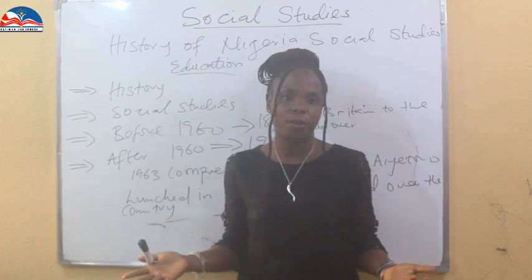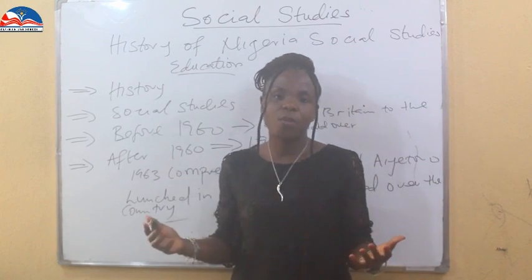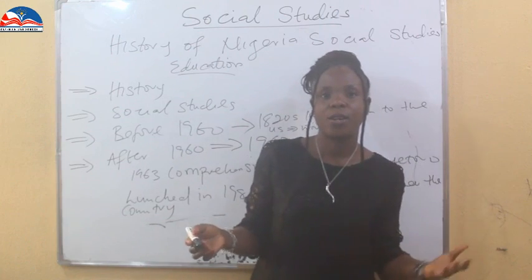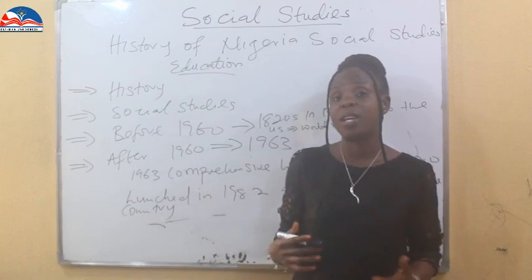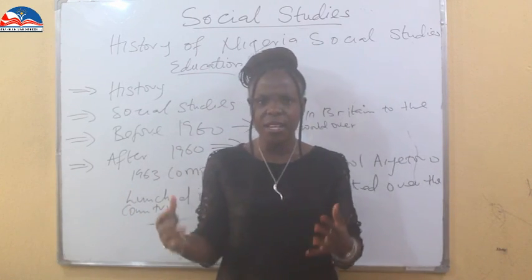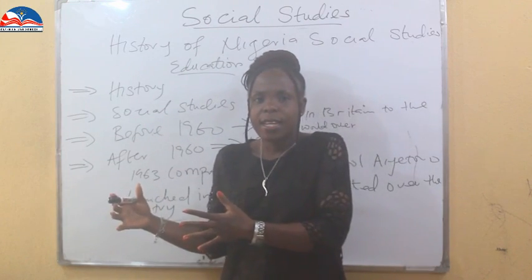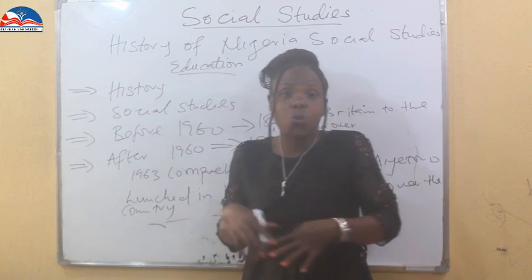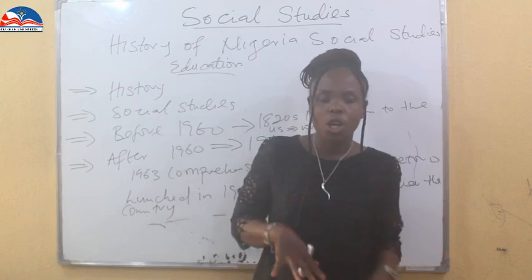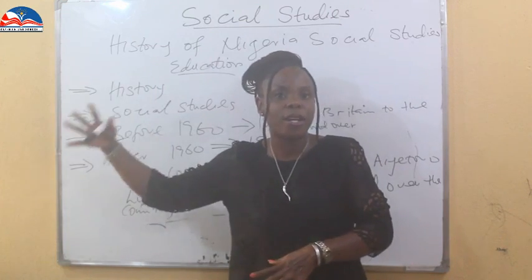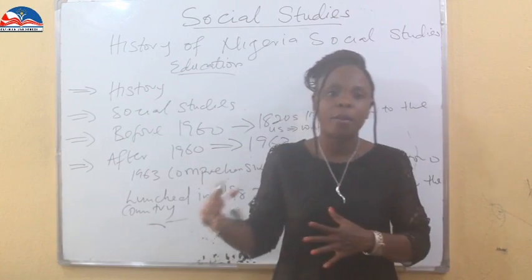But then something happened. Now we are going down again to after the 1960s. After most African countries got their independence during the 1950s down to the 60s, Nigeria had its own independence in the 60s. In the 1960s, when they got their independence, they looked at an educational system that would cater for the cultural belief system that we have, not being influenced by the foreign educational system introduced to us by our colonial masters.